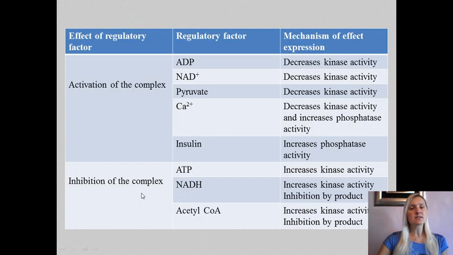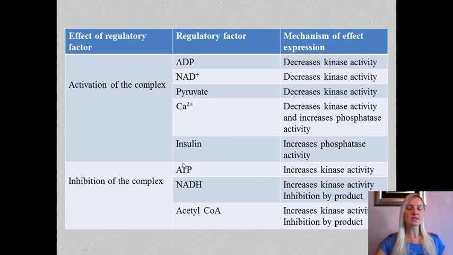This is summarized in the table provided in this slide. Activation of the complex is achieved by ADP, NAD+, pyruvate, and calcium. And these are the mechanisms of the effect expression: decreases kinase activity, or decreases kinase activity and increases phosphatase activity. Insulin increases phosphatase activity.